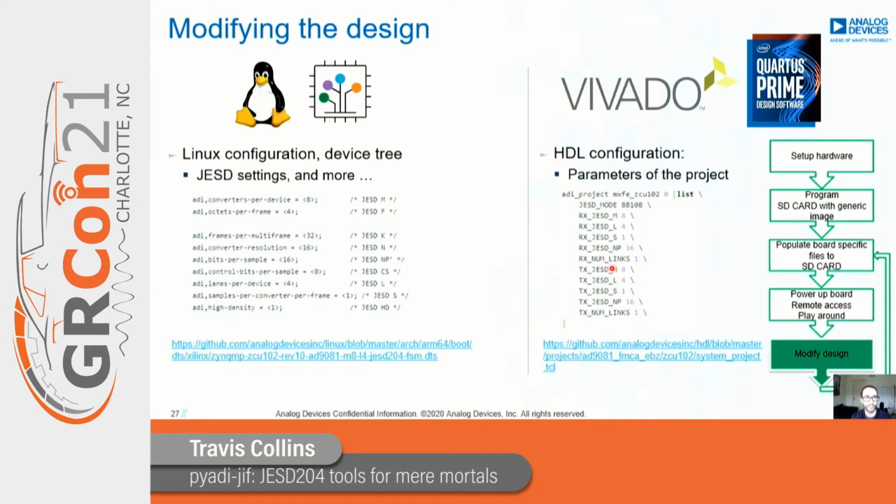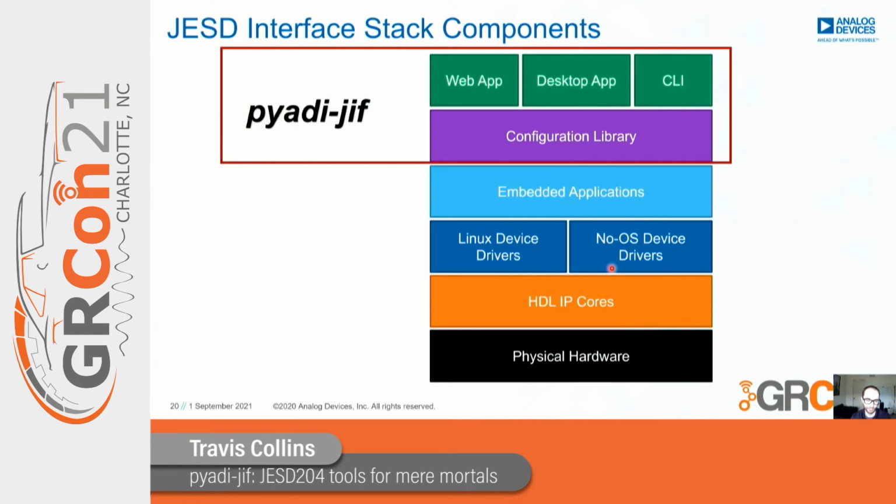Now, the drivers do a lot of the math for you to make this function, but you need your hardware, and this is kind of where we're trying to fill the gap and to handle a lot of the complexity that's involved at the system level with some of the new tooling that we've been working on. This is really where JIF comes into play.